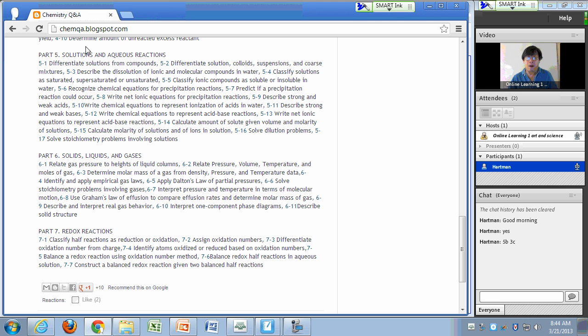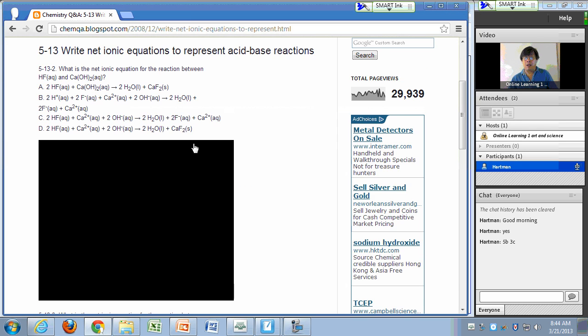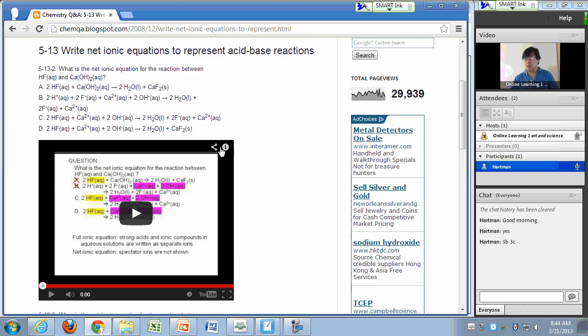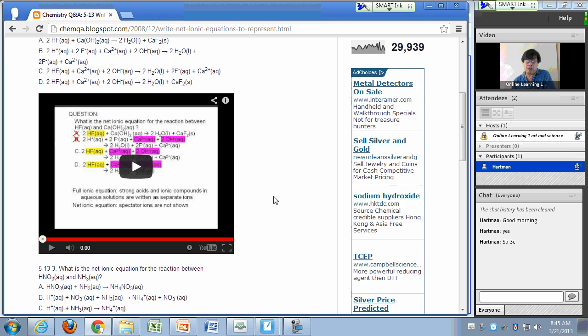So if you look at part 5, solutions and aqueous reactions, right here, write chemical equations, write net ionic equations, for example, to represent acid-base reactions. I have all of these. If you look at all of these questions I have in the slide presentation, they're here, and there are explanations on YouTube as to how to figure out the answers.